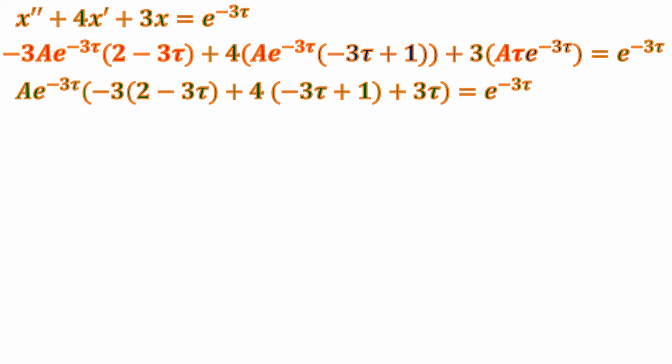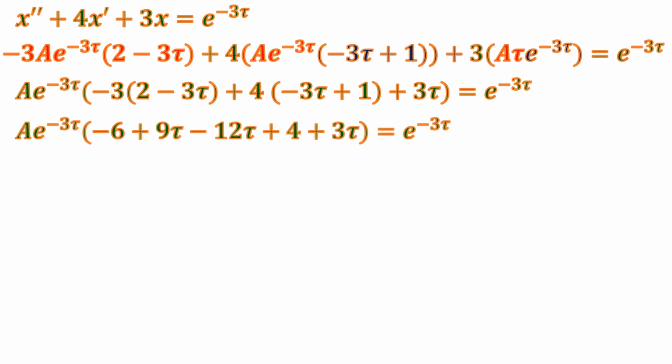What we did here is take out the ae to the negative 3t because it is common to every term, so that it is simpler to manipulate the one inside the parentheses. And so let's distribute the values. Distribute the negative 3 and positive 4. It is now negative 6 plus 9t. And 4 times negative 3 is negative 12t. 4 times 1 is 4.